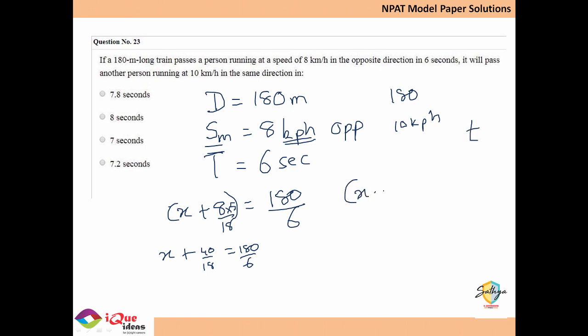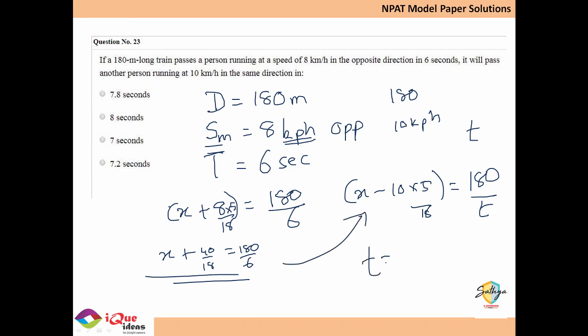So x minus 10 into 5 by 18 will be equal to 180 divided by t. Once you solve this, you will be able to get the value of x, and once you substitute that in this particular equation, you will be able to get the value of t, which should work out to 7.2 seconds. So I'm leaving the calculations up to you, but this is how we do it.